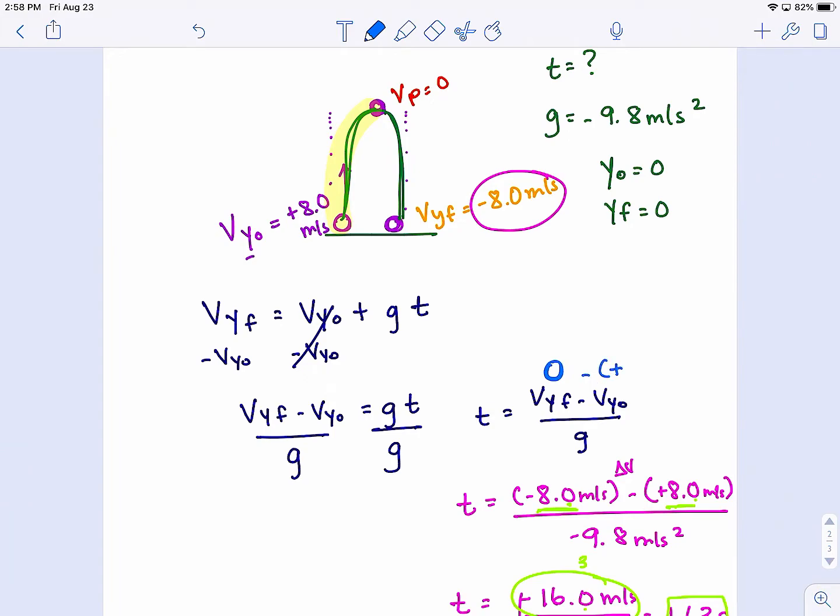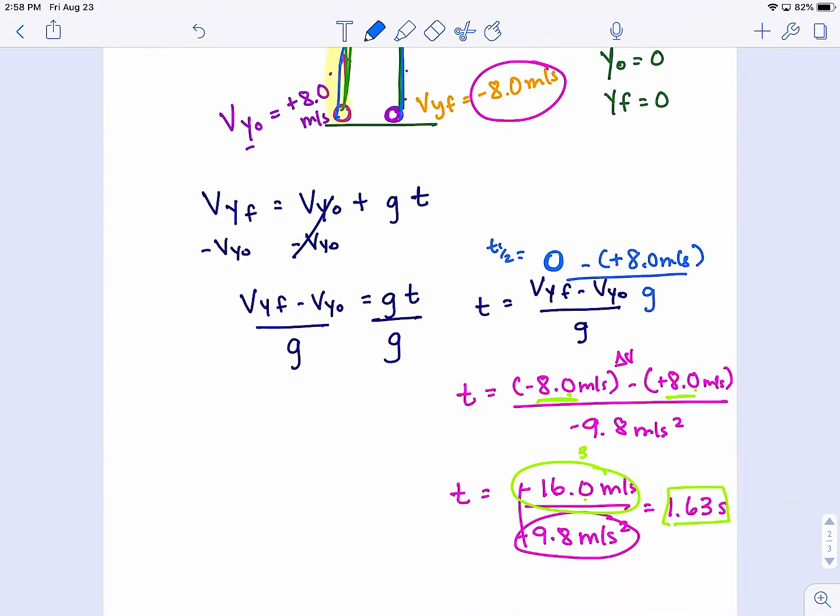The initial vertical velocity is +8 meters per second, and then we divide by g. That's going to give us half the time. So then we could just double it to find this whole time. So that's another way you could approach the problem.